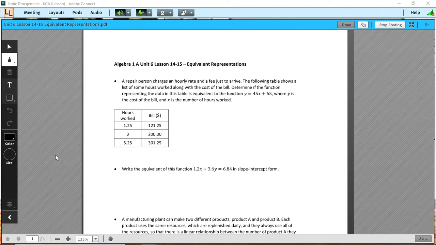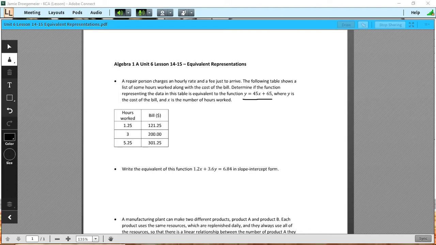So we have a table that lists some hours worked along with the cost of the bill. We want to determine if the function representing the data in this table is equivalent to the function y equals 45x plus 65, where y represents the cost of the bill and x is the number of hours worked.